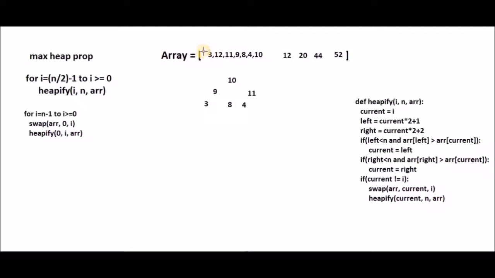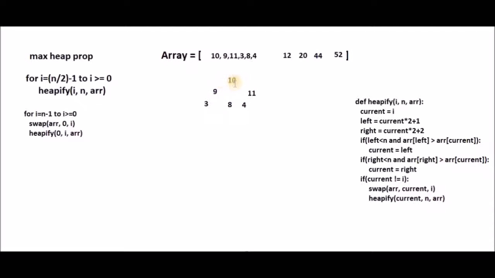We get rid of this, and again we write this as 10, 9, 11, 3, 8, 4. So this is now my array. Now we go for another iteration, since we haven't reached 0 yet, because there are still elements in there.